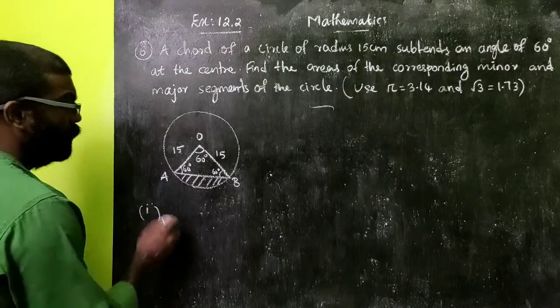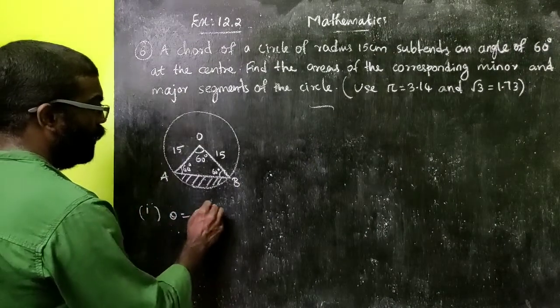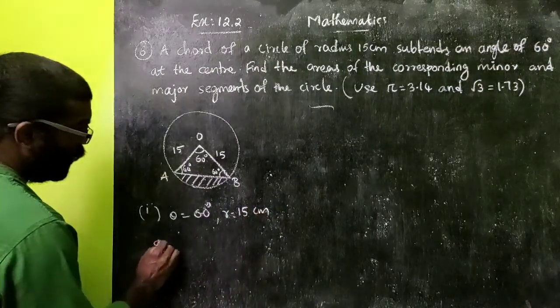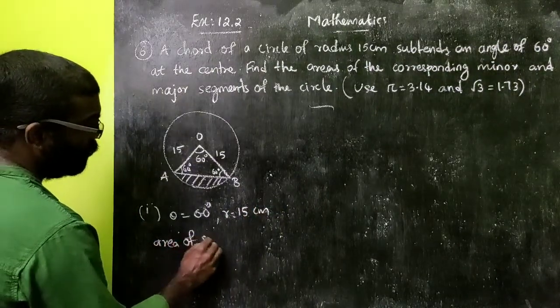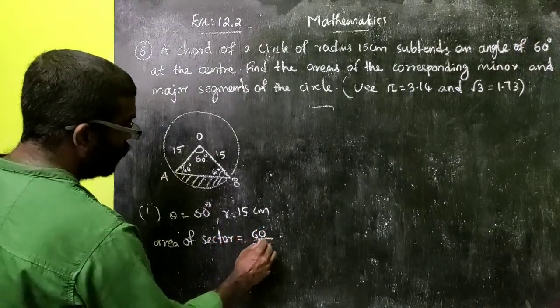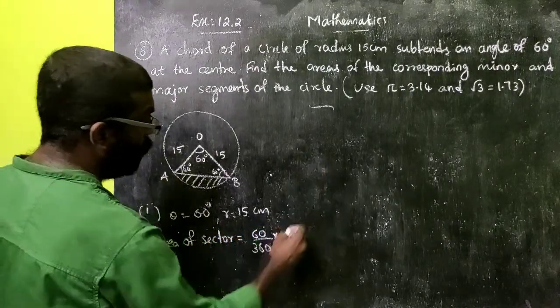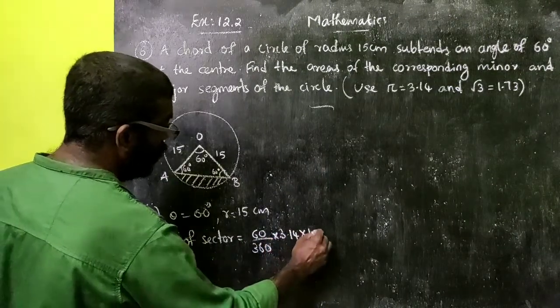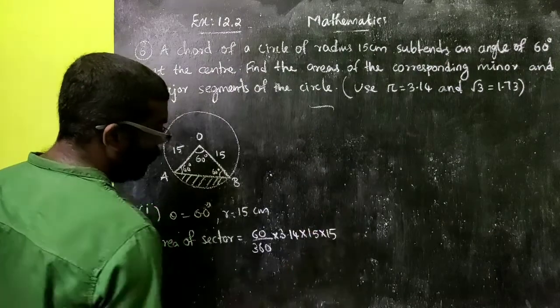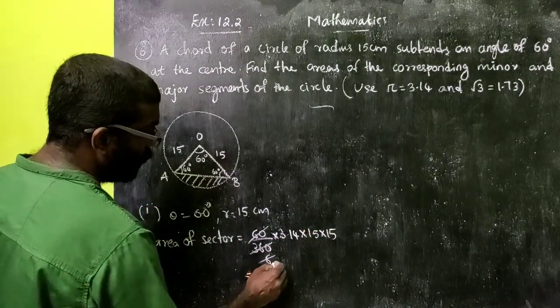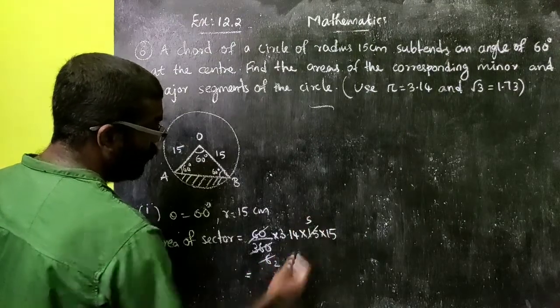First one, theta 60 degree, radius 15 centimeter. Area of sector is equal to theta by 360, 60 by 360 into pi value 3.14, then into 15 into 15. So here 6, again we can cancel 2 3s are 6, 5 3s are 15.